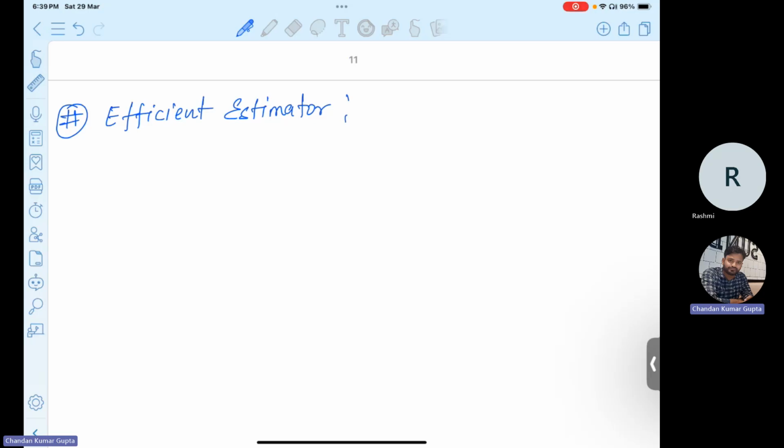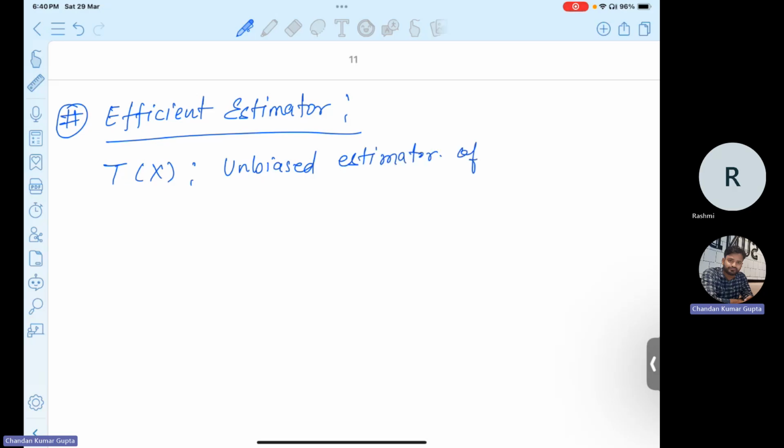We have discussed unbiasedness. Now we will discuss the efficient estimator. Let T(x) be an unbiased estimator of psi(theta). Then T(x) is said to be an efficient estimator of psi(theta) for all theta belonging to capital Theta if the variance achieves equality in the CRLB, the Cramer-Rao lower bound.